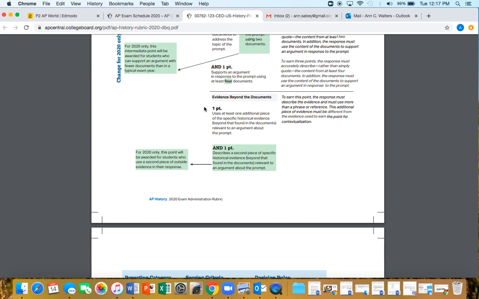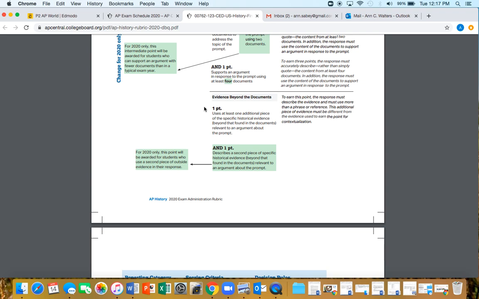What I'm really going to encourage you to do is to look at this DBQ as a combination of a document-based essay and a long essay. Just a long essay where you write down information that you know from studying and from your head. So you get 1 point if you use outside evidence to support your argument.